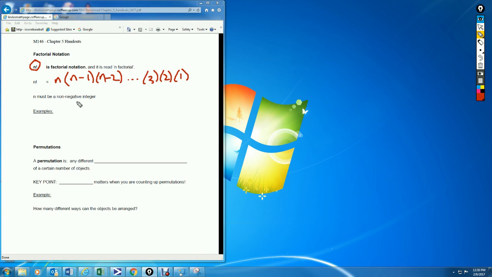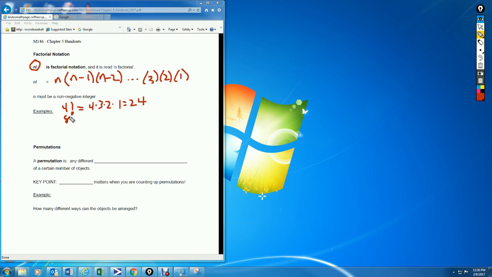So the definition may not totally make sense, so let me give you a few examples. For example, 4 factorial means 4 times 3 times 2 times 1, which if you multiply all those is 24.